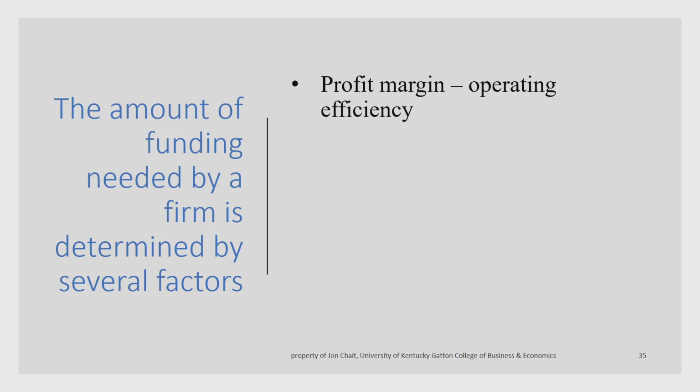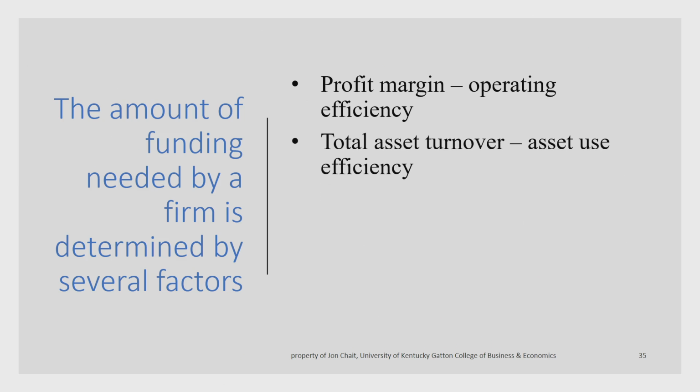How do we decide, or what are the variables that will dictate how much funding is needed by a firm? Well, first of all, profit margin. And just by my examples, Google and Facebook have enormous profit margins, and therefore they really don't need external financing. Most companies don't have those kinds of margins, but that's one of the fundamental determinants of how much financing is needed.